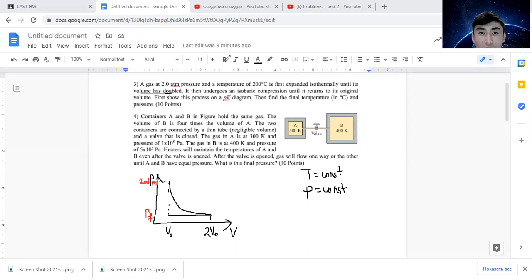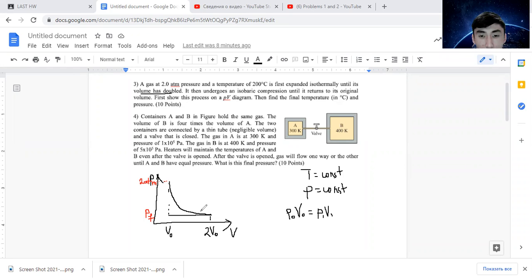So how will we find this pressure? Firstly, we need to write the equation for the isothermal process. So here will be P0 V0 equal to P1 V1, right?